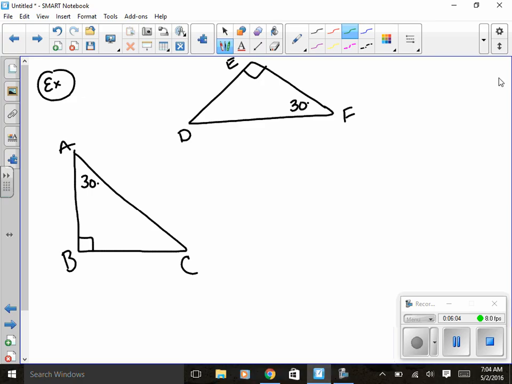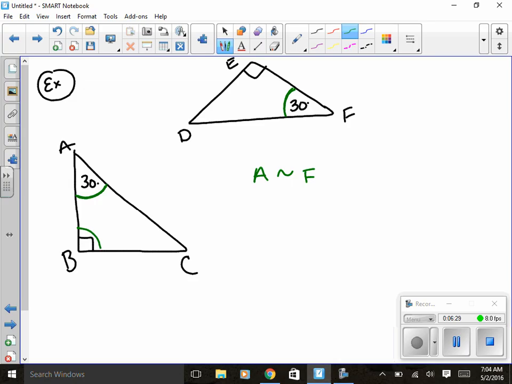Looking at this, the 30 degrees is with angle DFE, where this 30 degrees is with angle BAC. So notice there our vertex was the A and the F. So we're going to say that A corresponds to F.